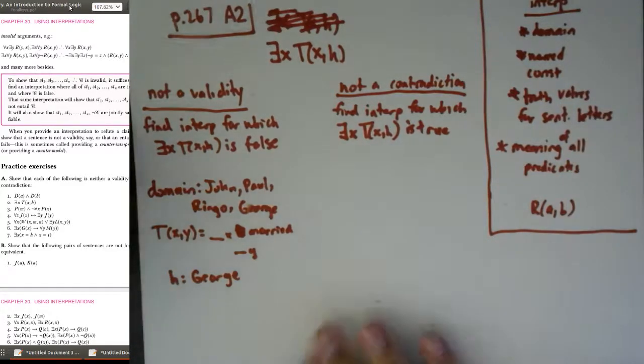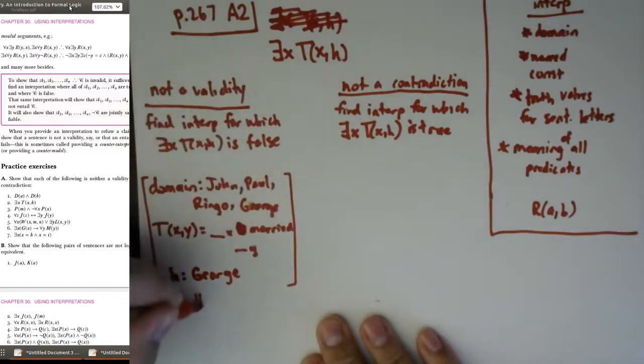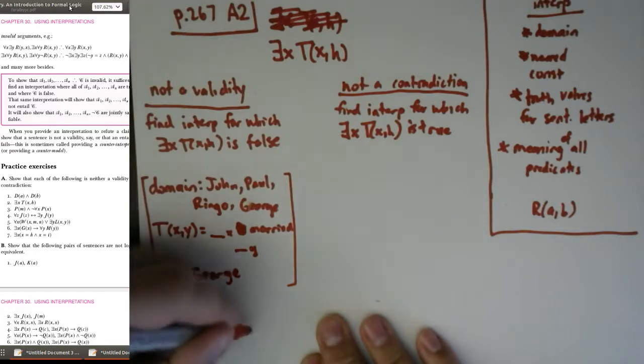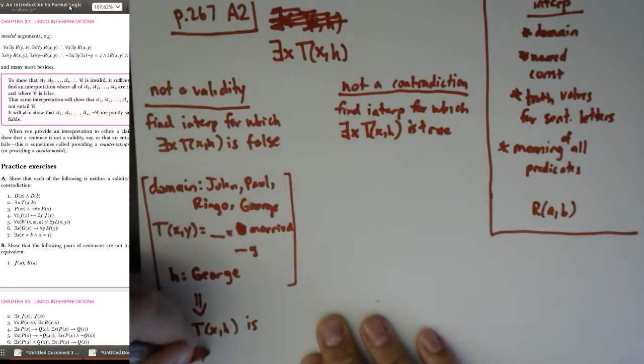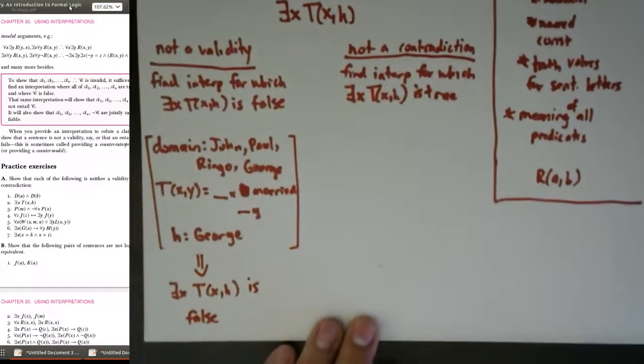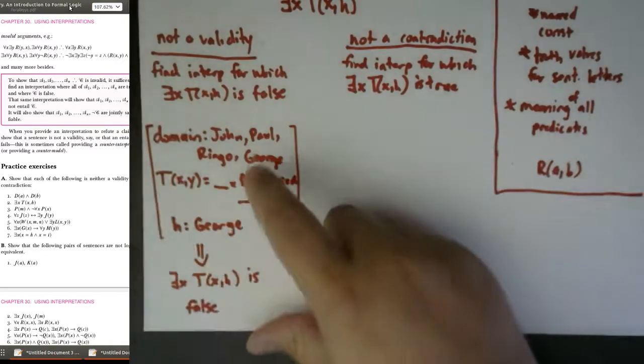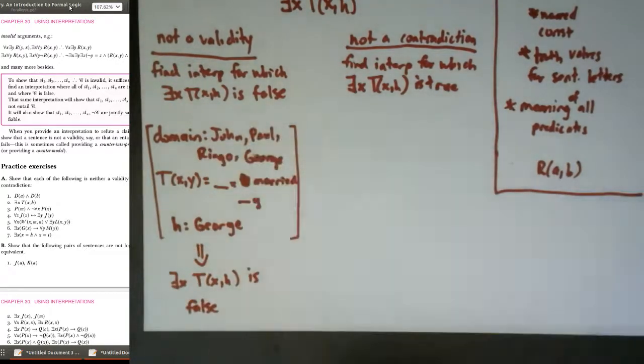Now, in this interpretation, there exists x T x H is false. Right? There exists x T x H is false. Because there is nothing in the domain, of these four people, that married George.